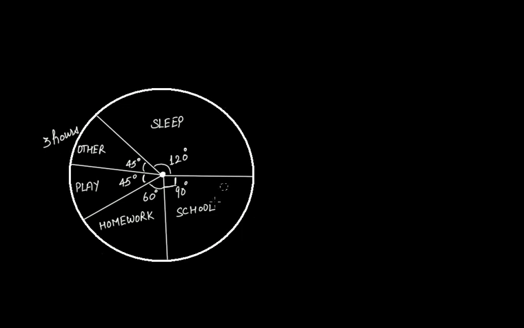Imagine that you have only this information, and someone asks you that this circle graph or pie chart represents your daily routine, and these are the angles made by each of these sectors. Can you tell on the basis of this how many hours you use for sleeping, for your schooling, for your homework, for your play, and for other activities? You don't know the hours now.